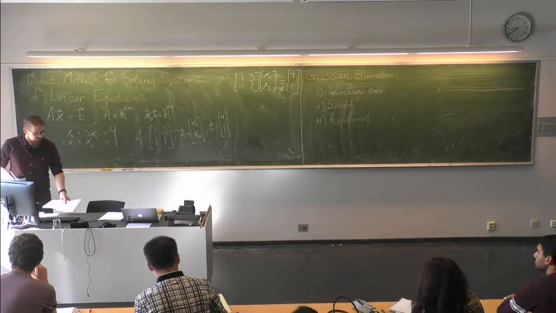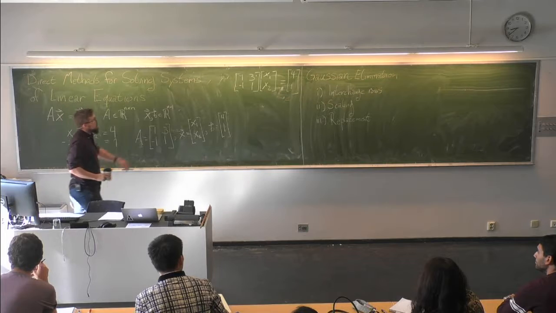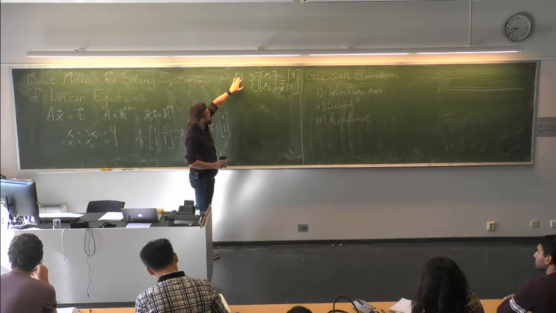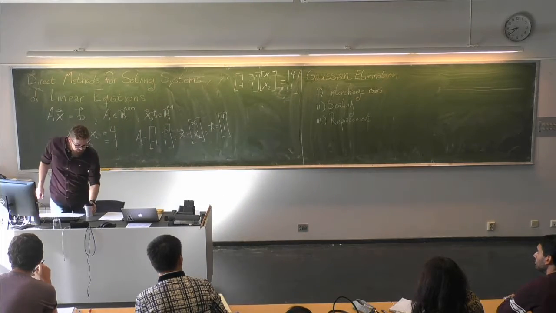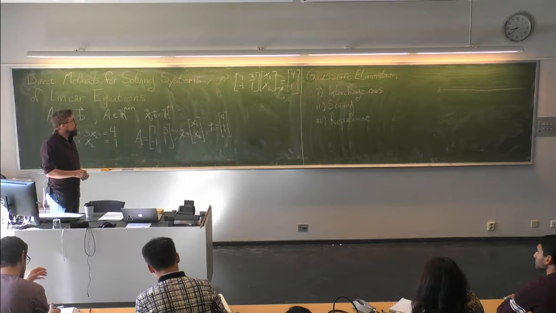So that's basically taking, for instance, this and adding it to this to solve this out. Then you have done Gaussian elimination of the system.